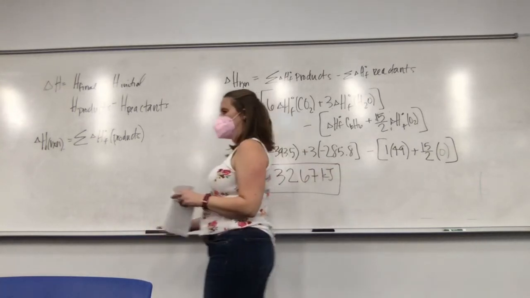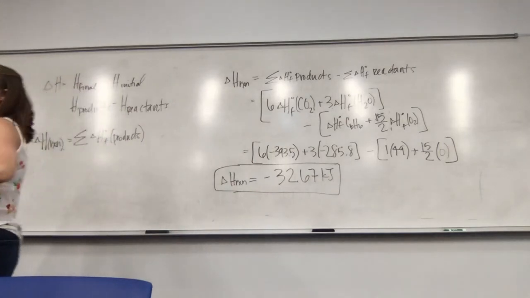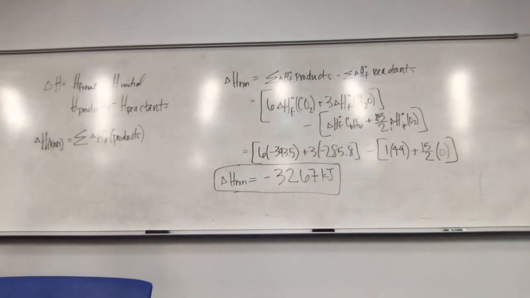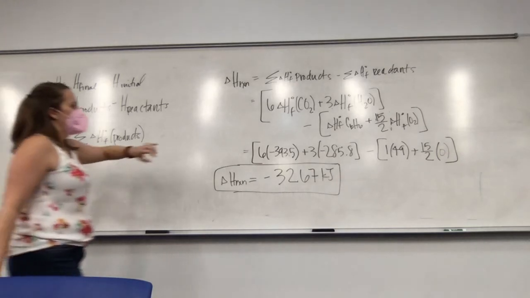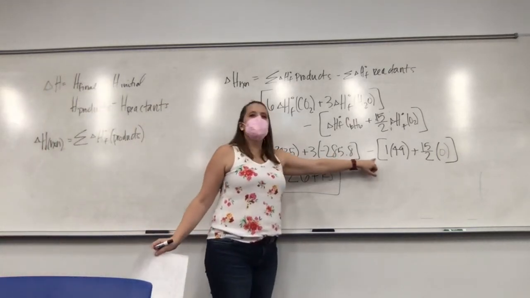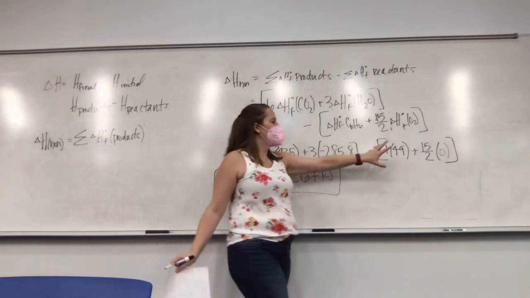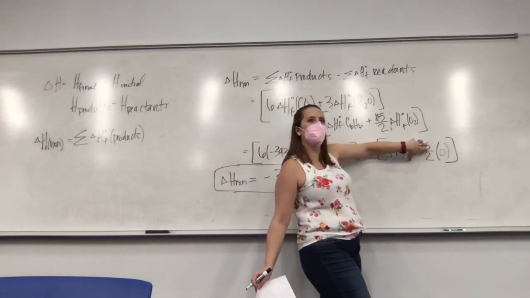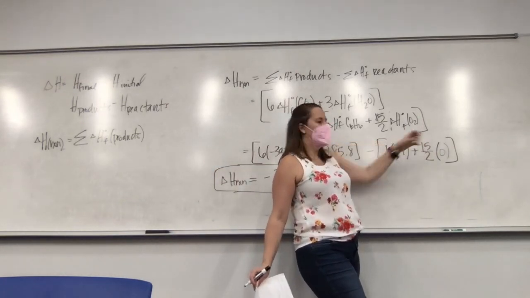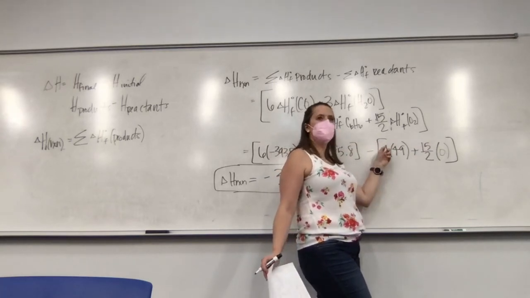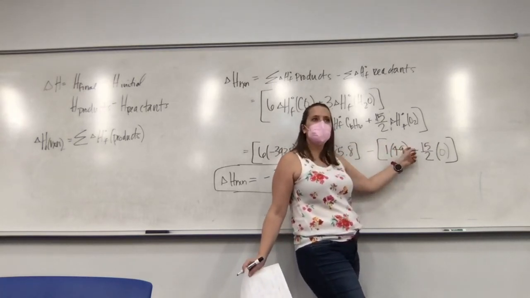A couple of tips. Y'all, math is hard. So we all know this. This is not new for Gen Chem 1. One of the things you'll notice is that I'm using brackets. Make sure that you sum if there's more than one value in here together so that you don't lose whether it's a negative or a positive.